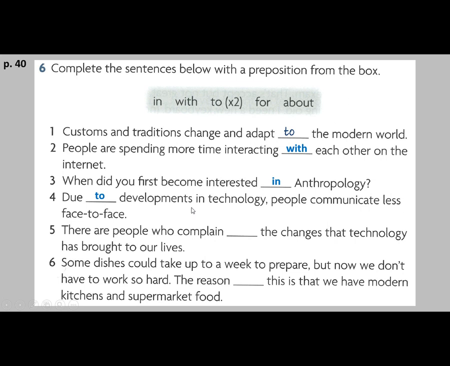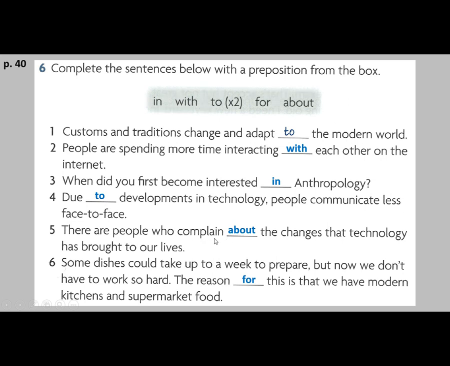Due to developments in technology, people communicate less face to face. Due to. There are people who complain about the changes that technology has brought to our lives. Complain about something.